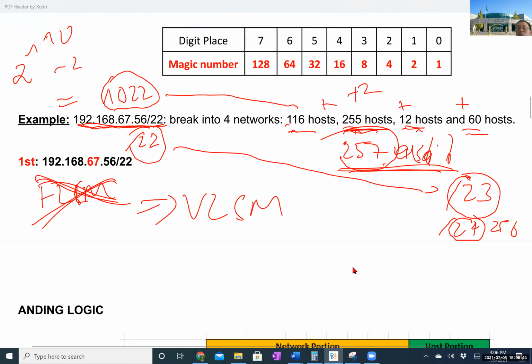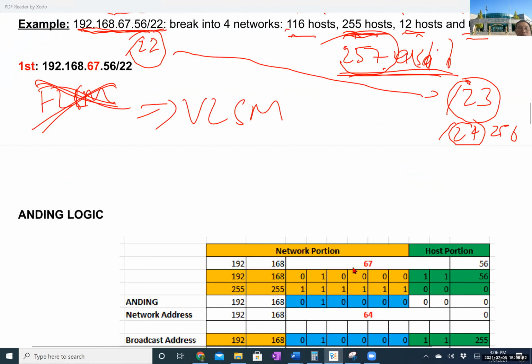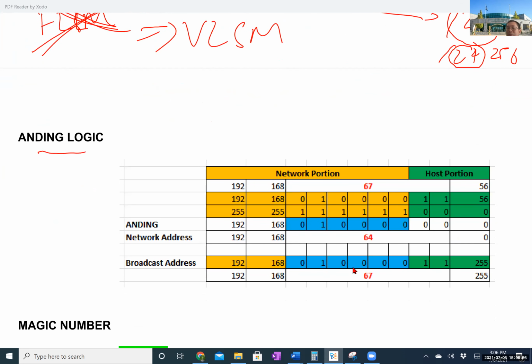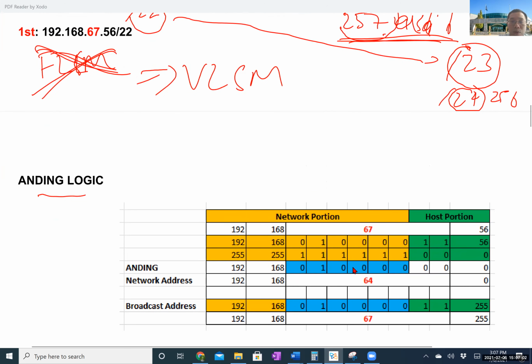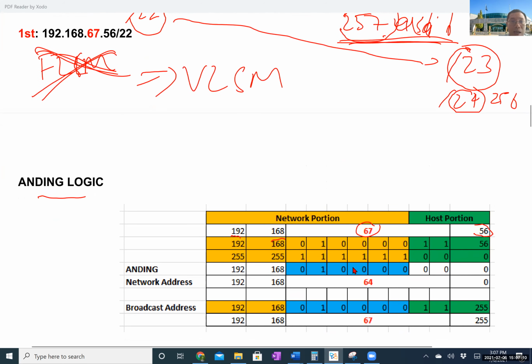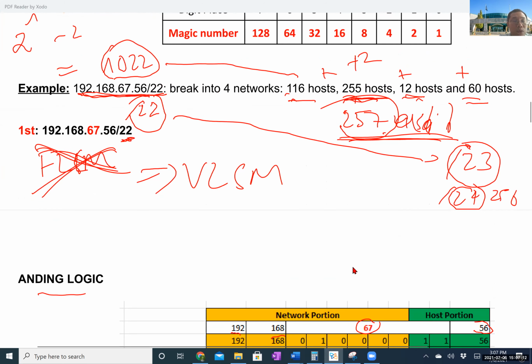Of course, you can work by the ANDing logic, or by the subnet mask, or the magic number. So now think about if you work with the ANDing logic. You break down every bit into 0s and 1s. For this one, you have 192.168.67 and 56, and this one has the subnet mask /22.